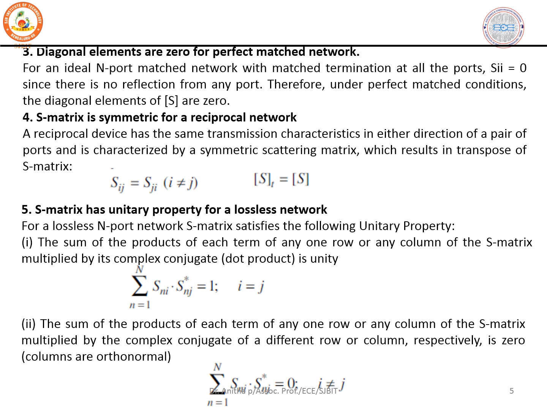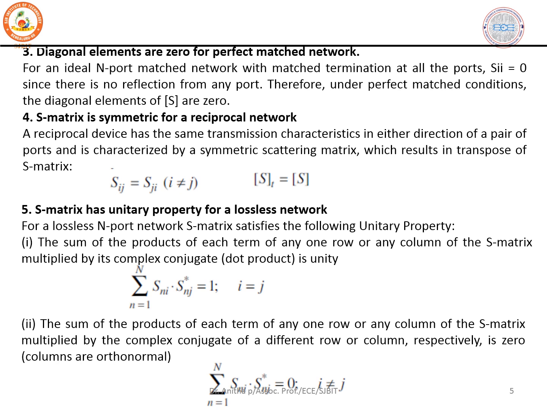So according to this, S11 multiplied with its complex conjugate, that is S11 square, plus S12 multiplied with S12 conjugate, and similarly S13 multiplied with S13 conjugate, must be equal to 1. For any row or any column, if you take a complex conjugate multiplied with the S value, obviously you will get a square of that.